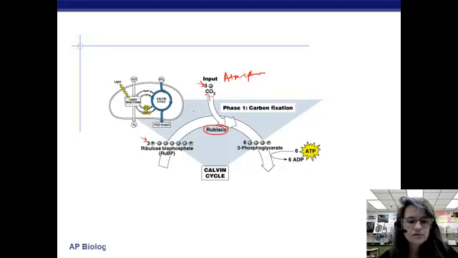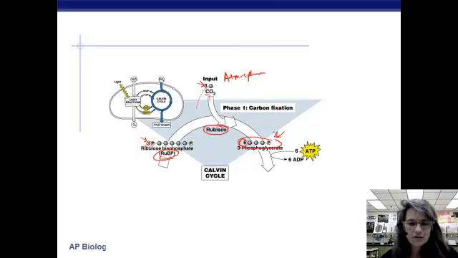Rubisco nails CO2 molecules, 1 each, to 3 different RuBP molecules. Okay, so this is a 1, 2, 3, 4, 5 carbon molecule. We're going to add this to it, make it a 6-carbon, and then that's going to split it into, if we've got 3 6-carbon molecules, ultimately we're going to cut them in half, so we'll have 6 3-carbon molecules.